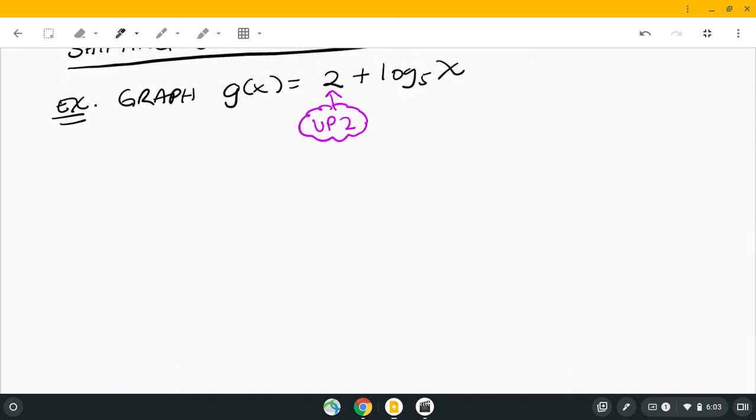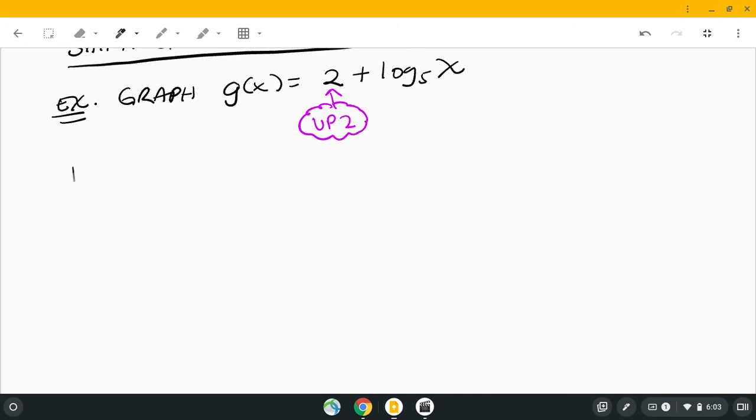All right, so let's get the parent function. The parent function is y equals log base 5 of x. If I make a table of values for that, I like 1, since 5 to the 0 is 1. I like 5, 5 to the first power. And I like 1 over 5, that's 5 to the negative 1.